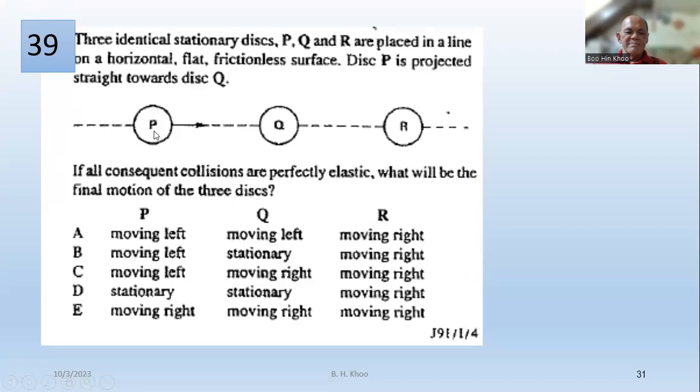If memory serves, this one moving with speed u collides with this one, so this one will stop. This one will move on with that velocity.